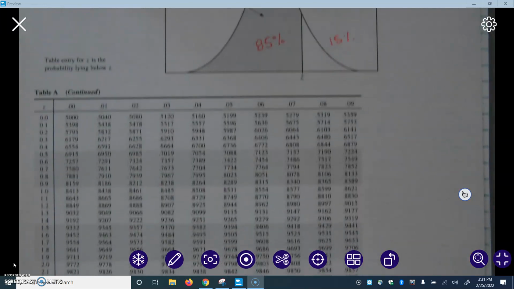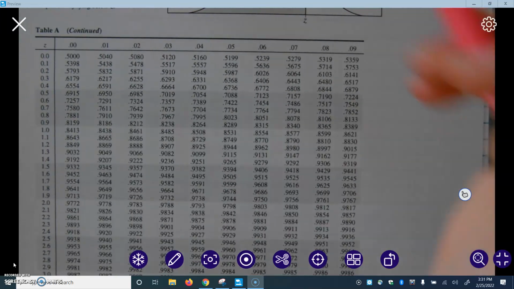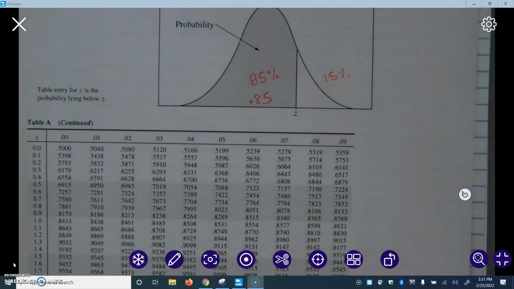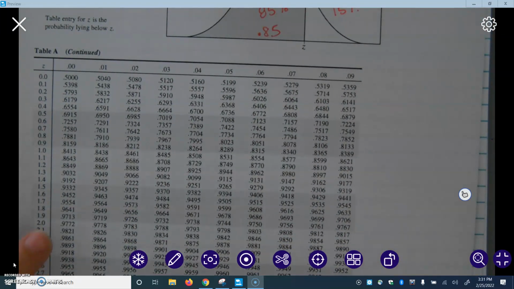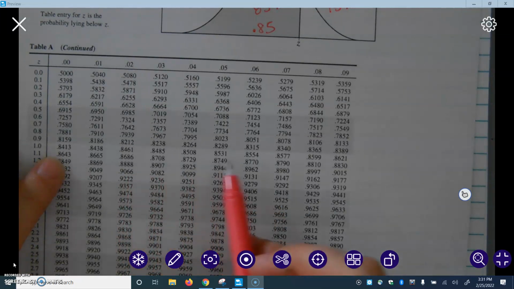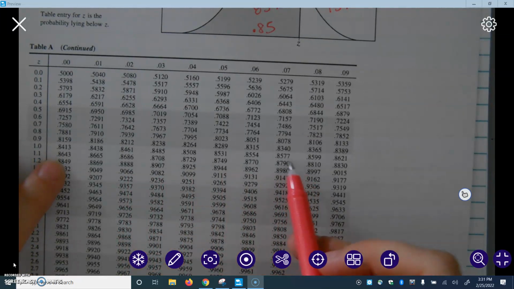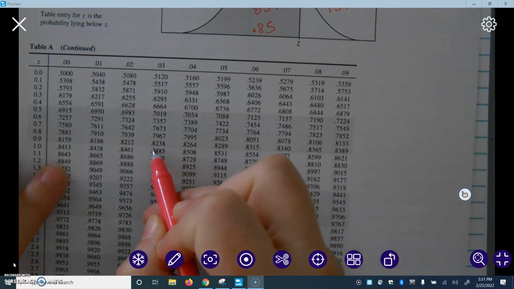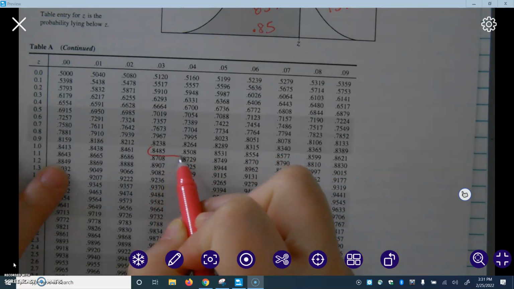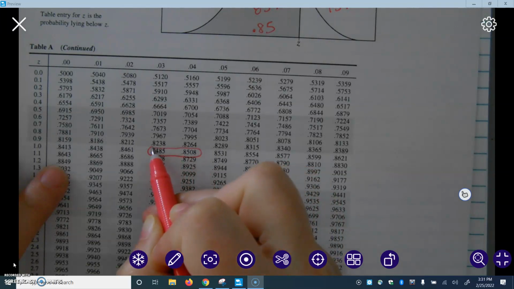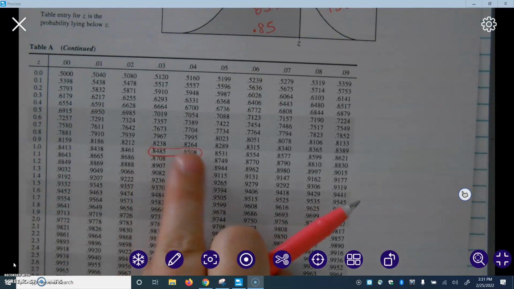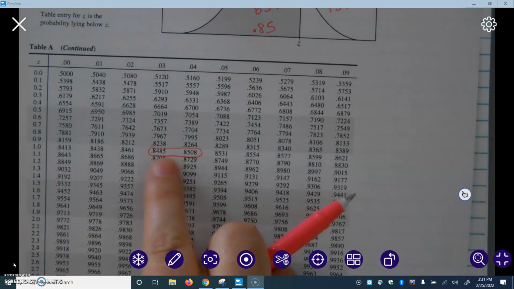So I'm just going to scan this whole table looking for 0.85 or as close to 0.85 as I can get. And it is like kind of in order. So it looks like these two are my closest to 0.85, and I am actually going to subtract those from 0.85 to see which one is the closest.